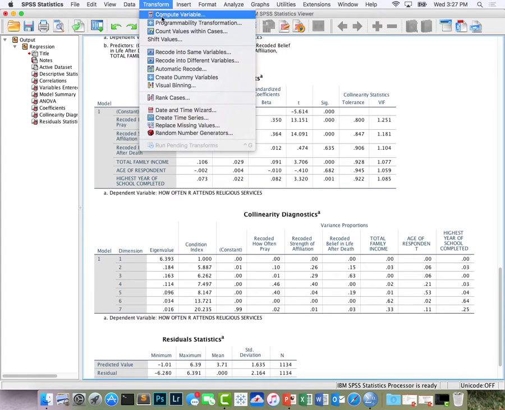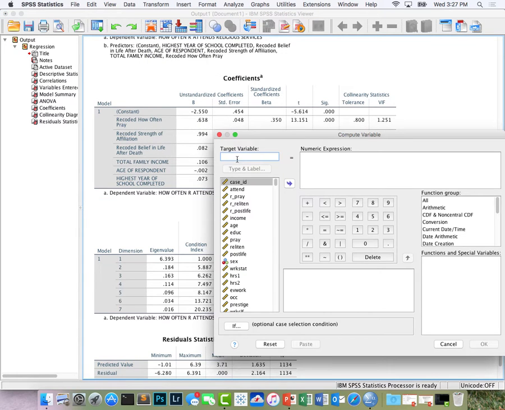And so what we did last time, and this is what I'll do again this time, is we can compute a new variable. This is going to be our income variable that I'm just going to take the square of. In SPSS, I think it's this, right?